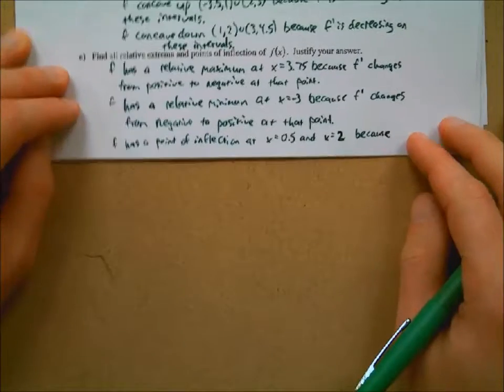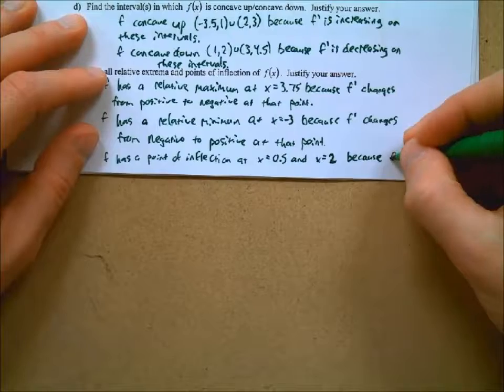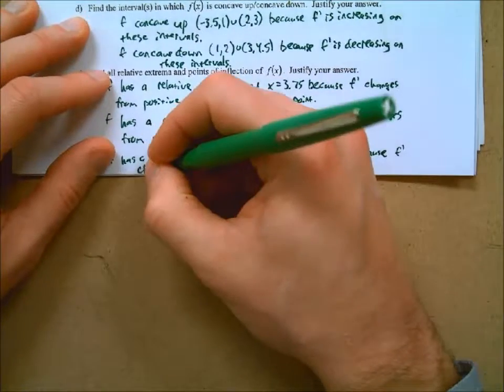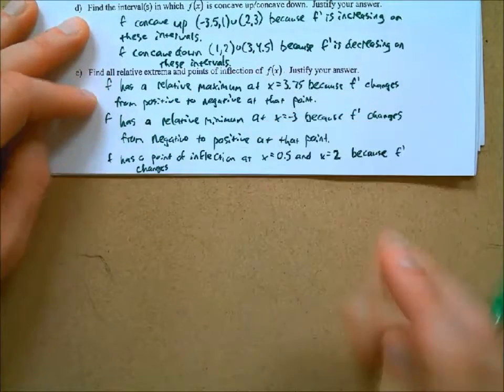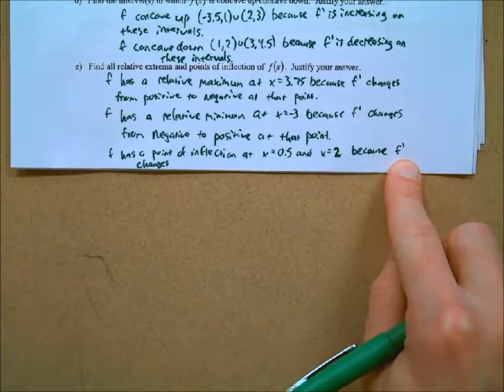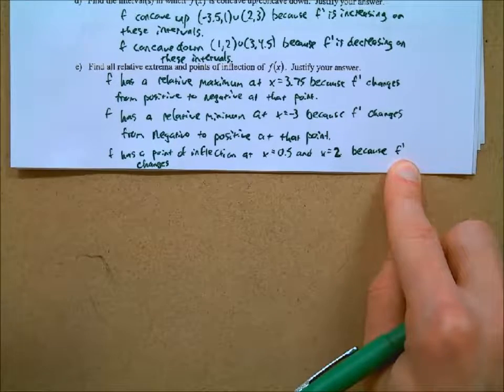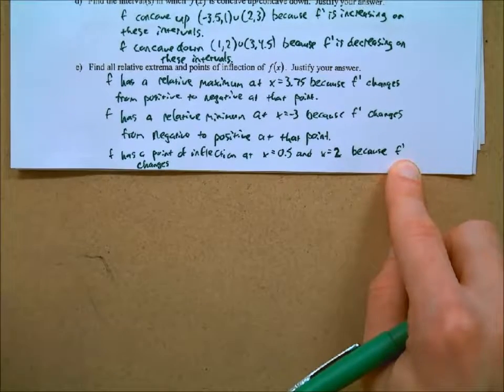and now here the justification, we'll say this. f prime changes. So here's the key: our justification needs to be based on the information that we are given. Since we're given the graph of f prime, our justification needs to be based on f prime. What is f prime telling us here?